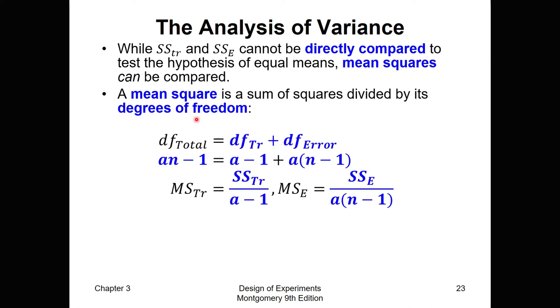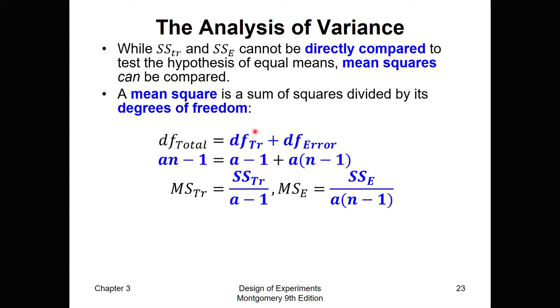So we have the total, and similar to the sums of squares, the degrees of freedom total is the degrees of freedom for the treatment plus the degrees of freedom for the error. So the total degrees of freedom is capital N minus 1, or a times n minus 1, or again I times J minus 1, depending on the notation. And that can be broken down into the two pieces.